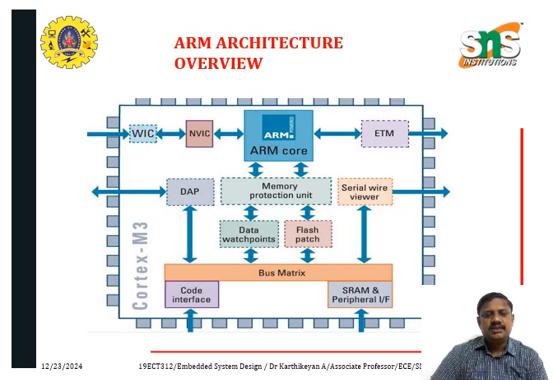This is the overview architecture of the ARM processor. Imagine it simply as an IC. It has the WIC, NVIC, and ARM core. Using the bus matrix, we can interconnect both input and output. This is about the Cortex-M3 processor.